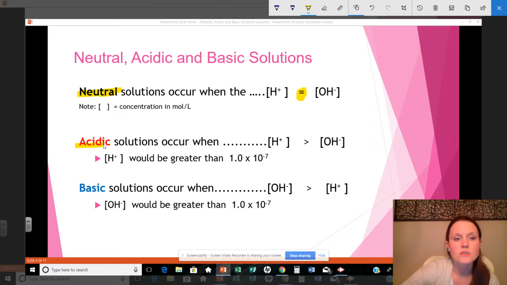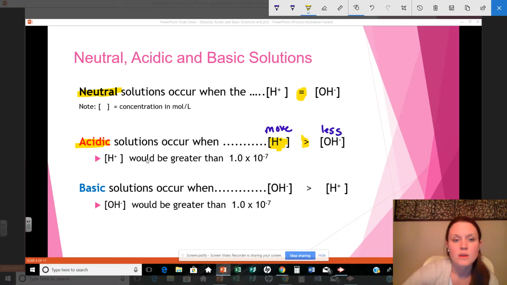An acidic solution occurs when the hydrogen ion concentration is greater than the hydroxide. So you have more hydrogen than you have hydroxide. Okay? I have more hydrogen and less hydroxide in an acidic solution.